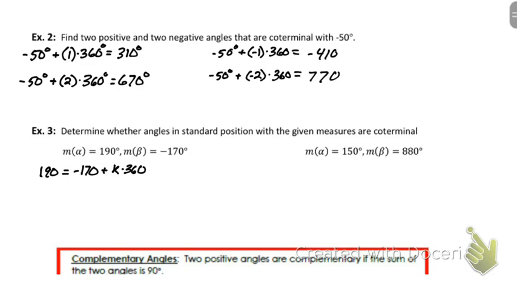In other words, is it a full turn or is it just part of a turn? So following this, we're going to end up with 360 equals 360 times k. k would equal 1. Because it's an integer, it is coterminal.